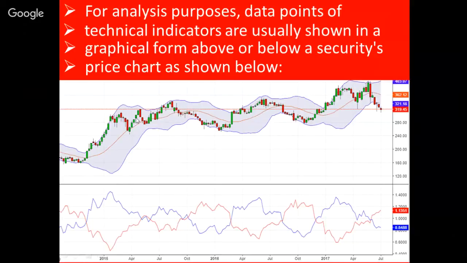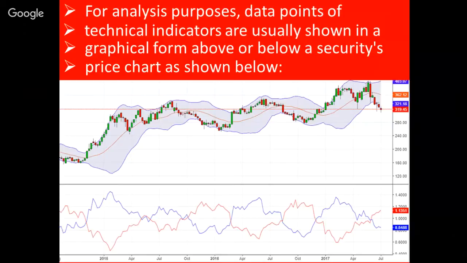So this is one indicator which is shown on the price chart. And here is another indicator, called the vortex indicator, and it is shown below the price chart of the security.